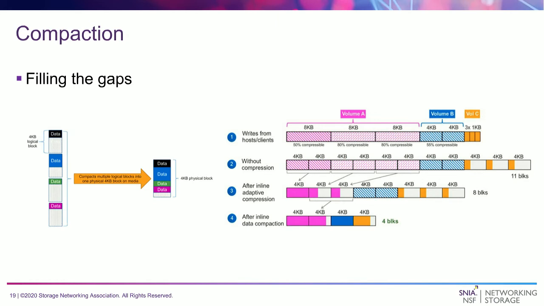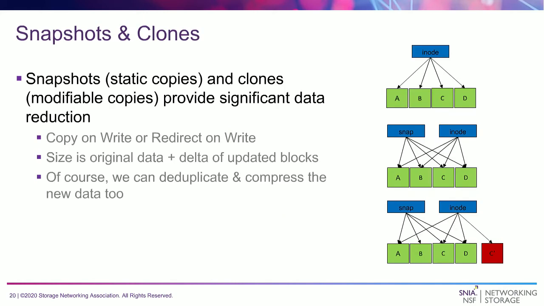So there's lots of techniques for actually doing compaction as well. You can fit many small objects into the larger unit that we're dealing with at the virtual file system level, where we're actually dealing with blocks of data. So that's compaction. So another technique that we can use.